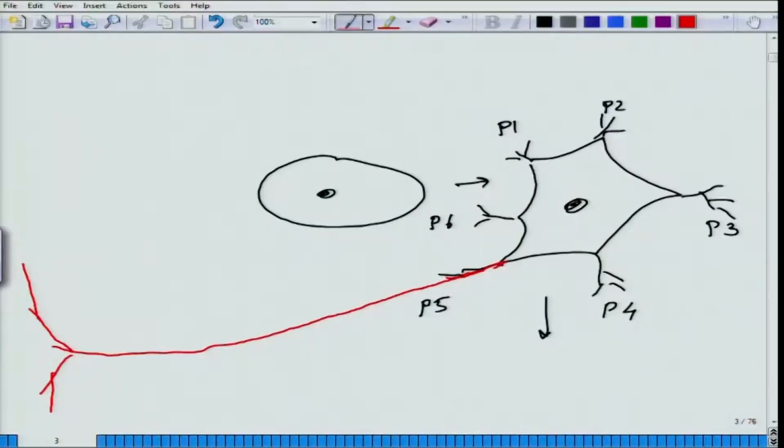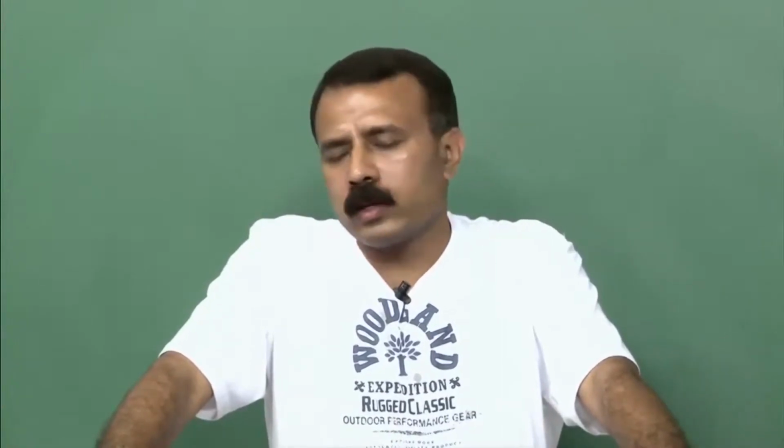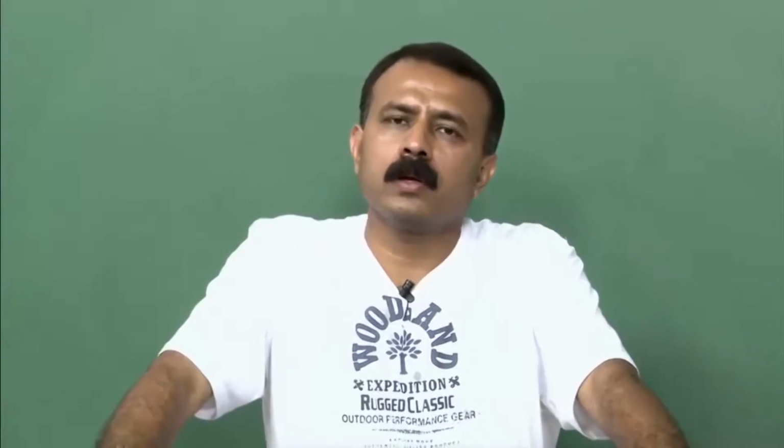So, now the question arises, what makes it decide that the fifth or the sixth or the first or the second or the third or the fourth will become a longer process? This is a fundamental problem of neurobiology, and there are labs across the world who are trying to answer this question using several genetic tools, several molecular tools, several surface chemistry tools.